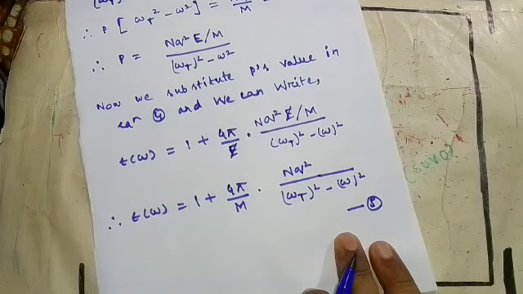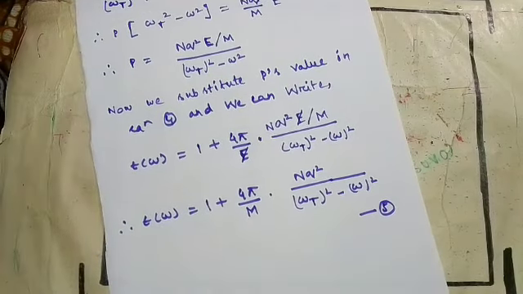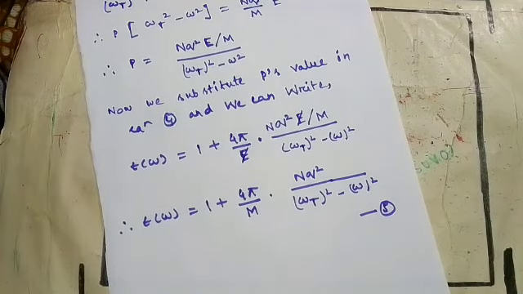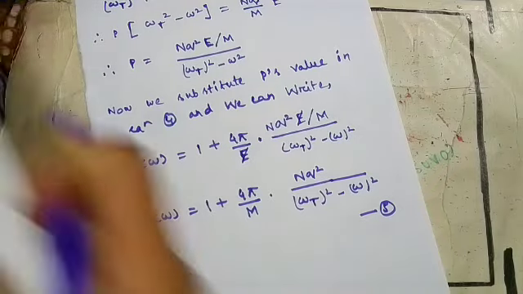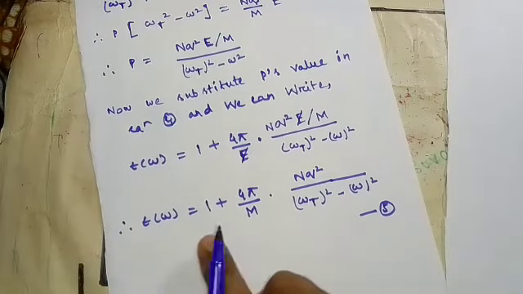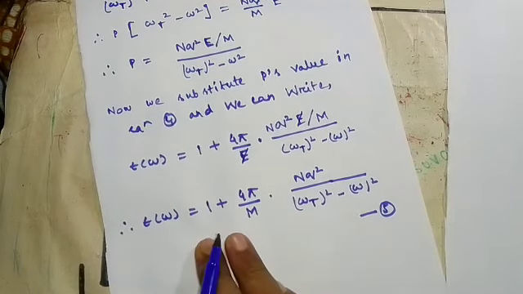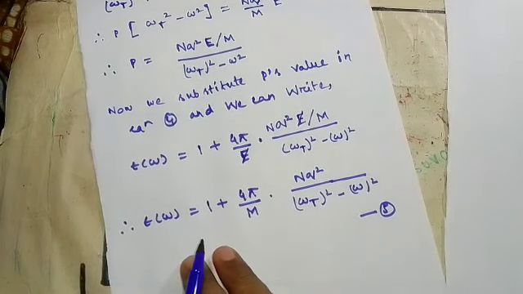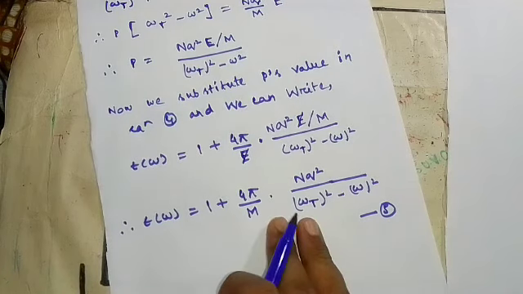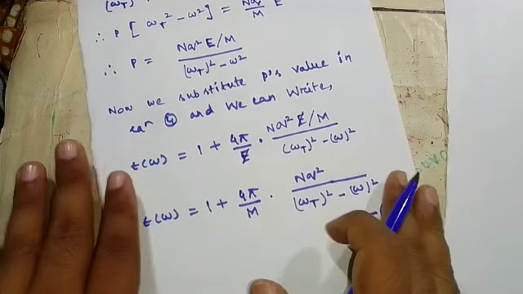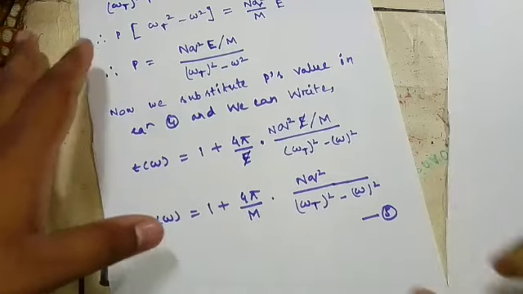Okay, so in the infrared, now I find the expression of the dielectric function in the infrared frequency range. In the case of the infrared frequency range, this one is replaced by epsilon infinity, and the whole equation remains the same.